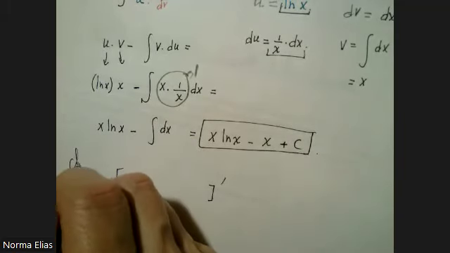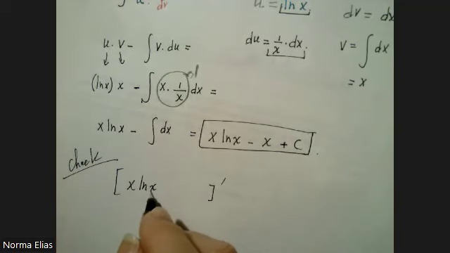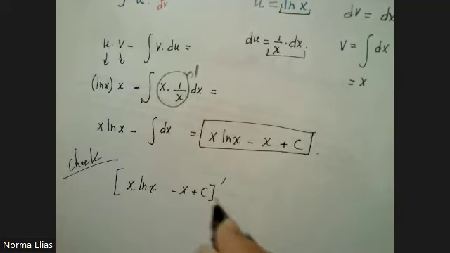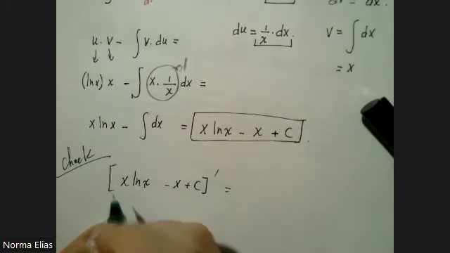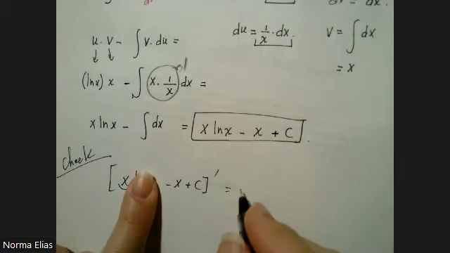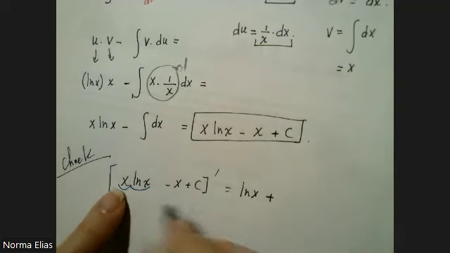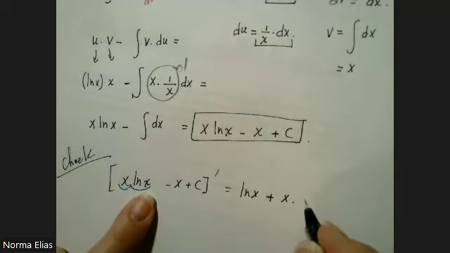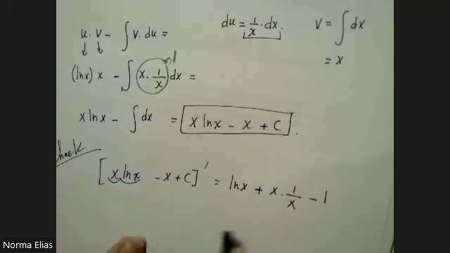And now you differentiate this. Let's just check. Let's differentiate. From here to here, that's the product rule. It means the derivative of x, which is 1, times ln, plus x times the derivative of ln, which is 1 over x, minus the derivative of x, which is 1.